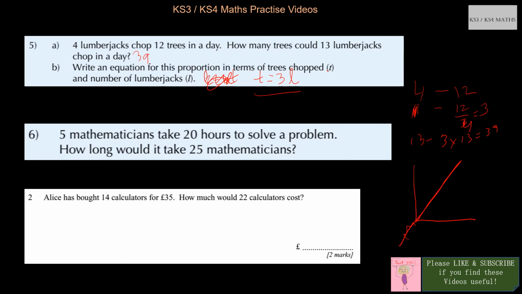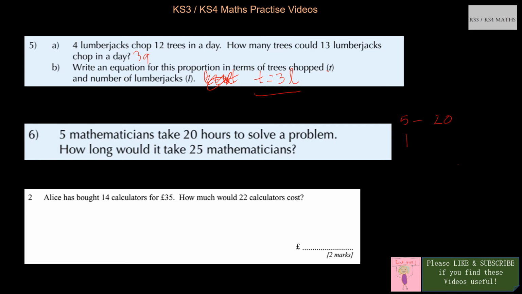Okay. So then 5 mathematicians take 20 hours to solve a problem. How long would it take 25 mathematicians? So there are 5 mathematicians and it takes 20 hours to solve a problem.